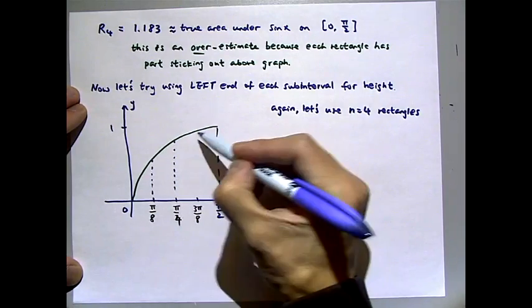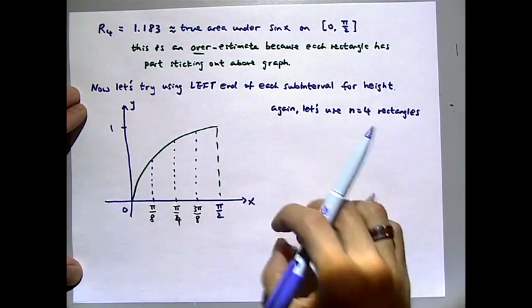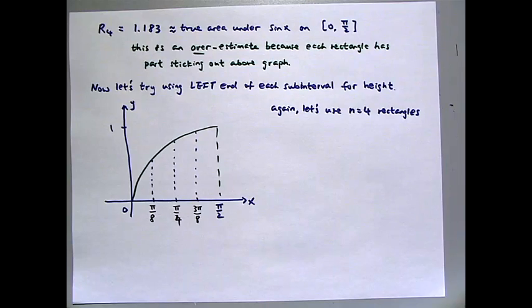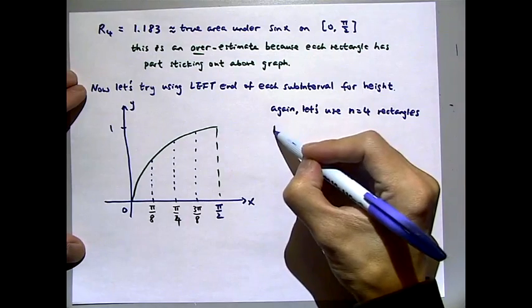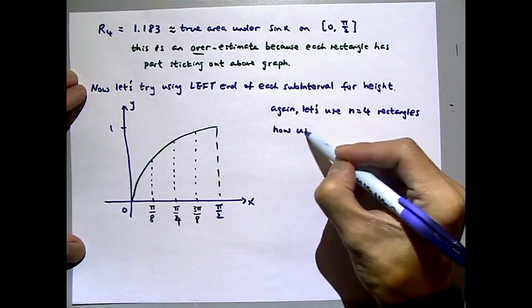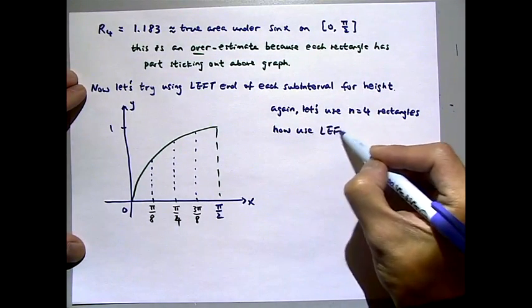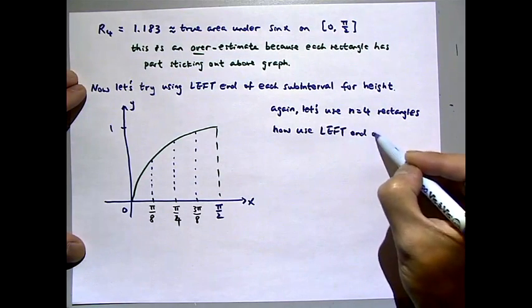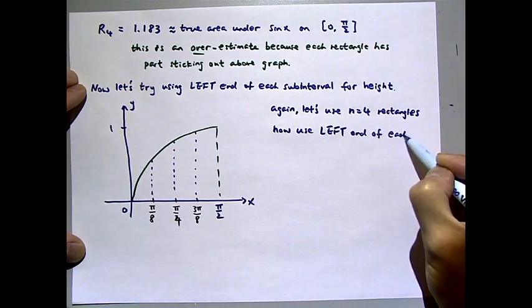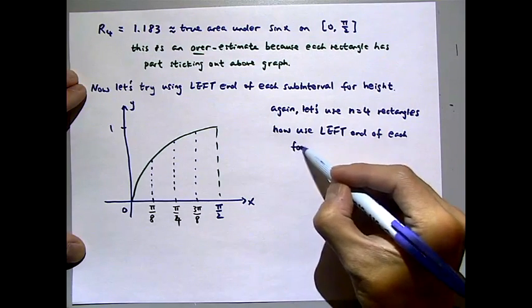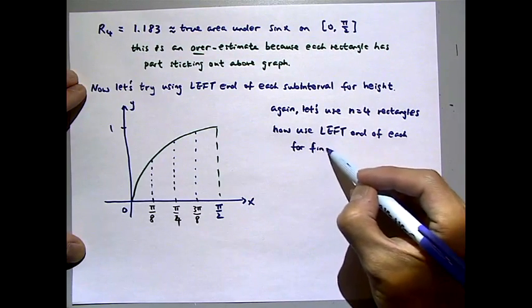Go straight up from each one of these where it hits the curve. That's going to help us determine the height of each one. And now we use the left end of each for finding height.